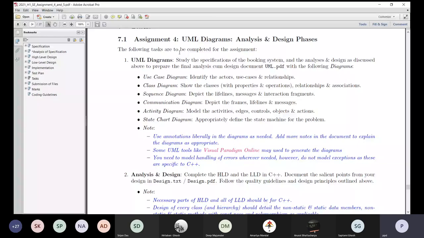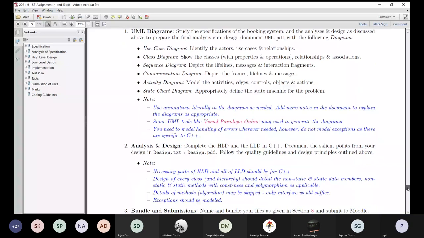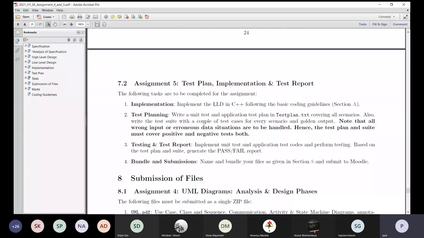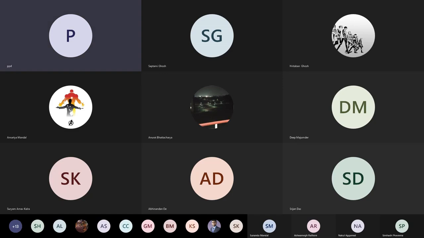So you do these 6 diagrams for this case, and a detailed analysis and design document, much of which is actually worked out within this document itself. And in assignment 5, you do the actual implementation, you do the test plan, you do the testing according to the test plan and test suite, and generate the test report. Right? So this is what the assignment is about. I just wanted to introduce you to that.